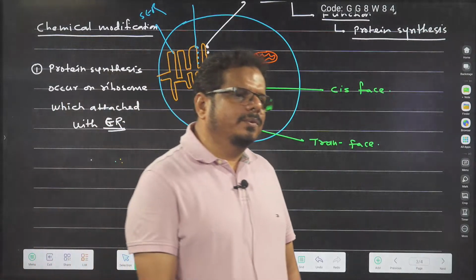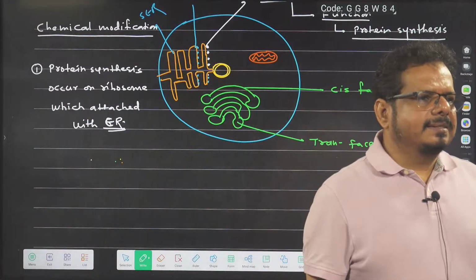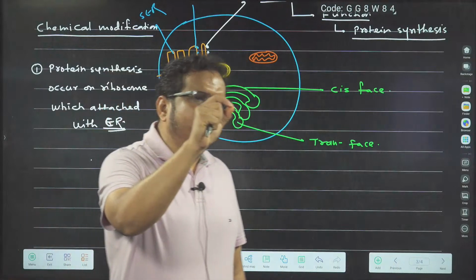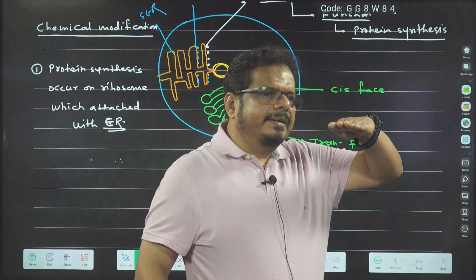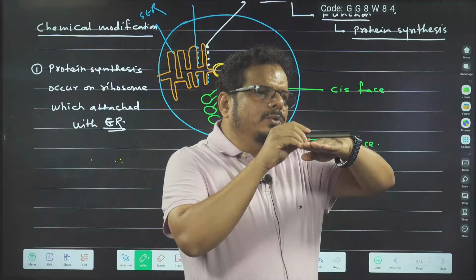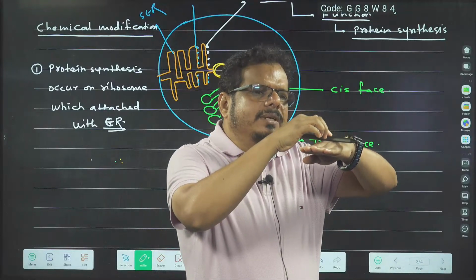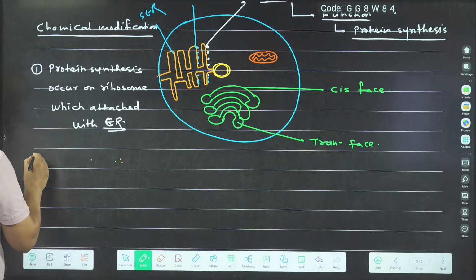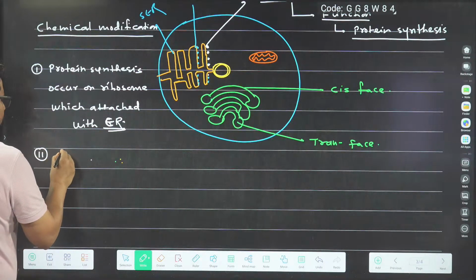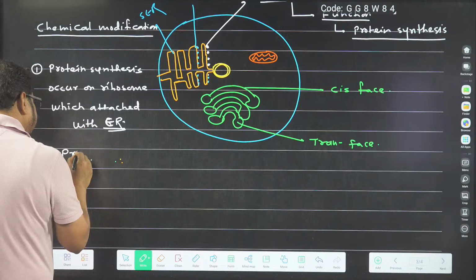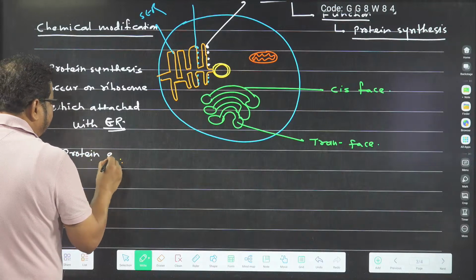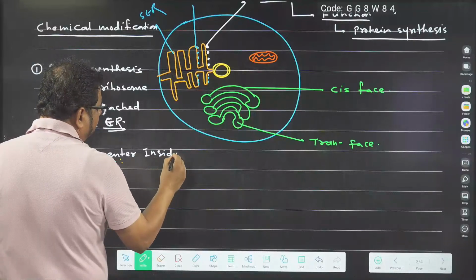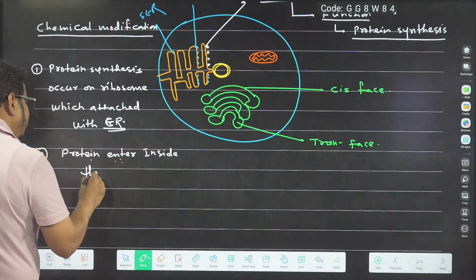Many times students get confused. Who is doing the protein synthesis? It is the ribosome. Getting the idea? Later, what does the second step occur? In the second step, protein enters inside the lumen of ER.